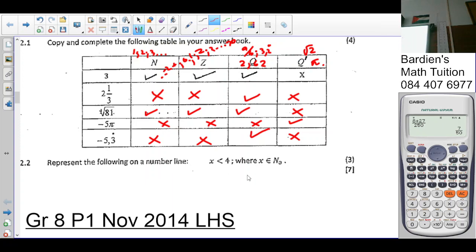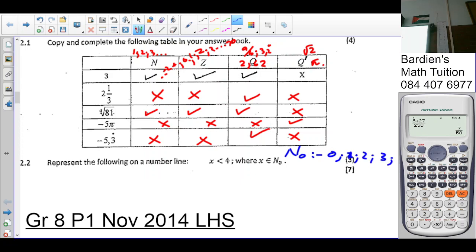For x is less than 4, where x is an element of, this is not natural, it's whole numbers. Okay? So whole numbers are numbers that start at 0, 1, 2, 3, and it goes all the way to infinity.